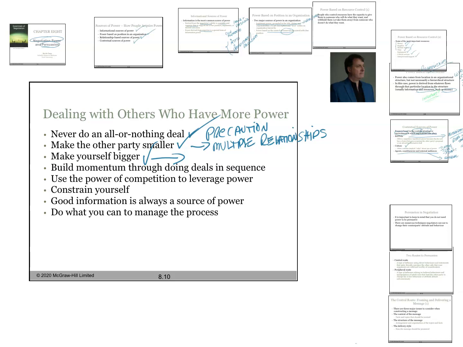Certainly we've seen this with unions, where multiple employees get together and form a union and they can negotiate together. We've seen this happen with multiple suppliers, where small businesses form a coalition to negotiate with a large buyer, where you have common interests and you can benefit from a shared negotiation.